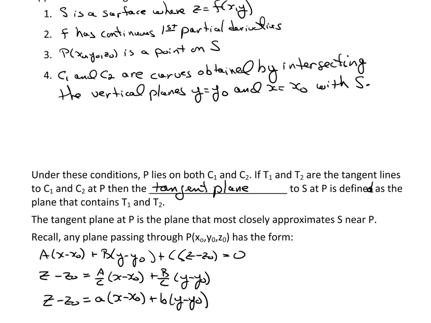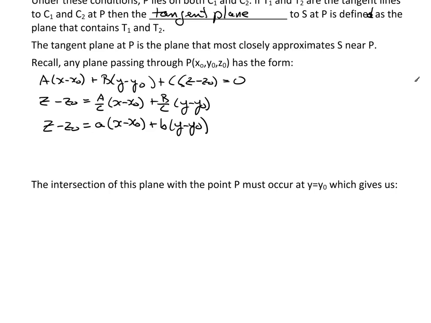Now consider the intersection of this plane with the point P, which must occur at y equals y naught, and likewise at x equals x naught. Specifically, when y is equal to y naught, this component becomes 0. So that will give me z minus z naught equals a times x minus x naught. Obviously this is for y equals y naught.